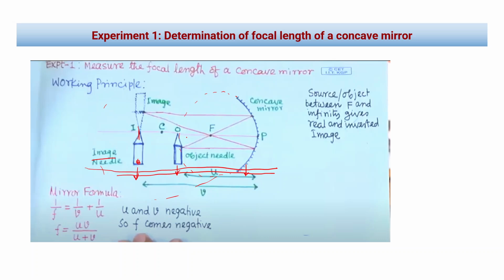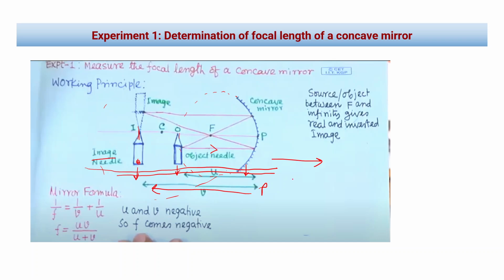Now the object: the light from this object is going towards the right, whereas if I measure the distance of this object, I will measure from this pole in the opposite direction.